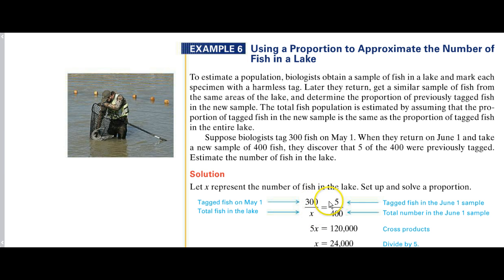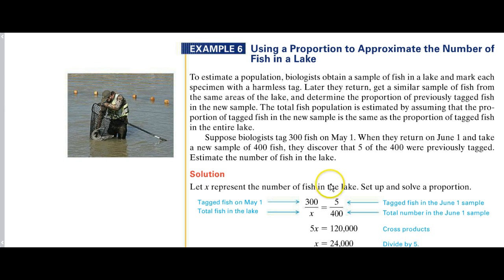So now we've set up a sampling, and we cross multiply, and we get that 5x equals 120,000. You can then divide by 5, and you end up with 24,000. So you could probably say, you may be off, but get a sampling that there are about 24,000 fish of that type in the lake you have sampled.